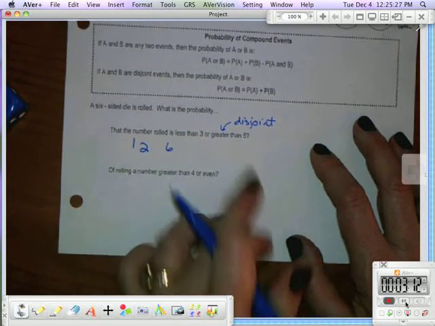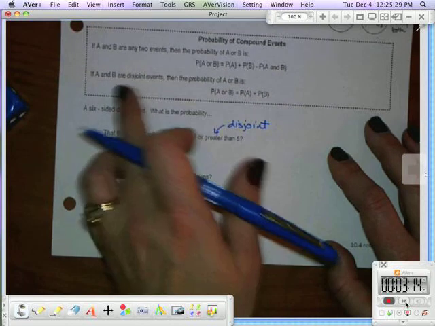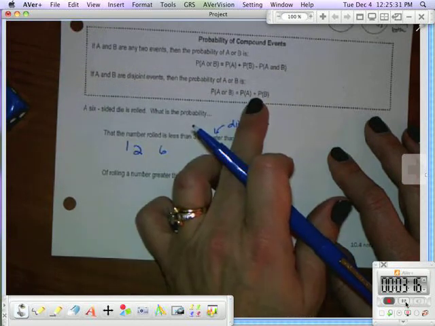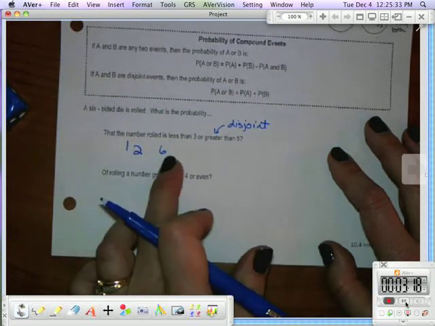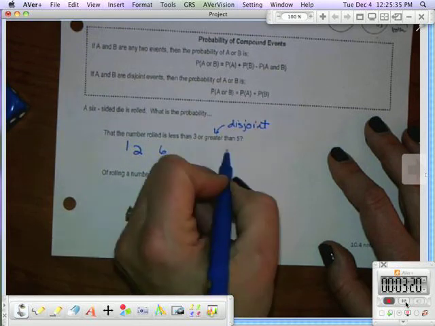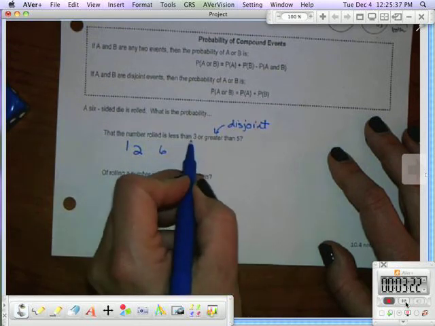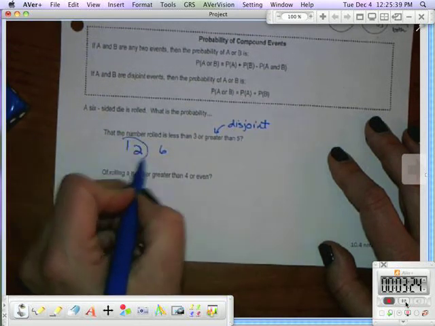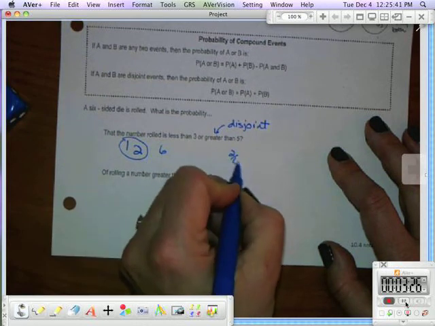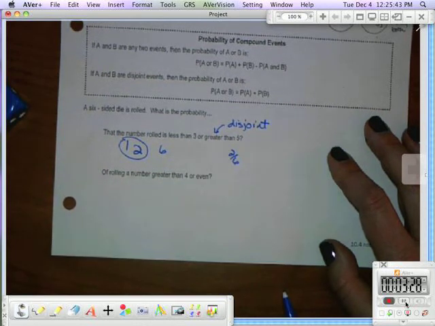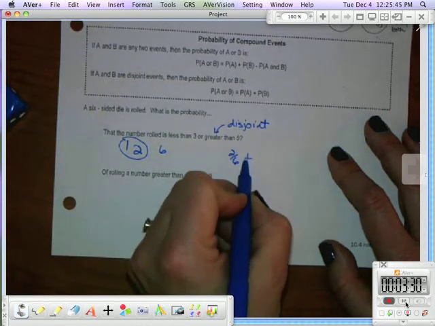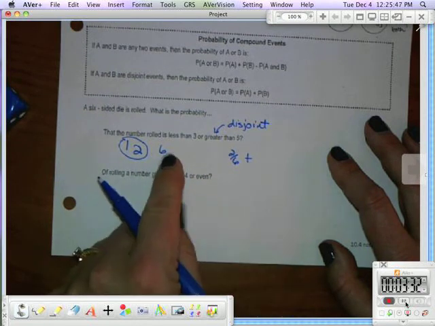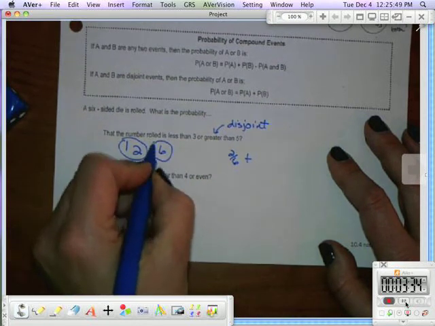So if we follow this equation right here, we can find the probability of this happening. The probability of rolling a number less than 3 is 2 out of 6 possible. Then we add the chance of rolling a 6, which is only a 1 out of 6 chance.